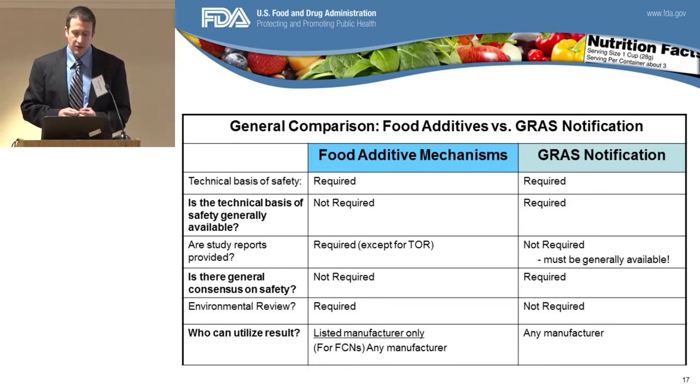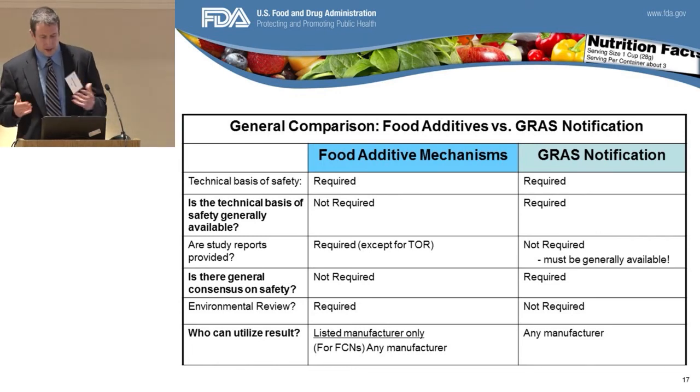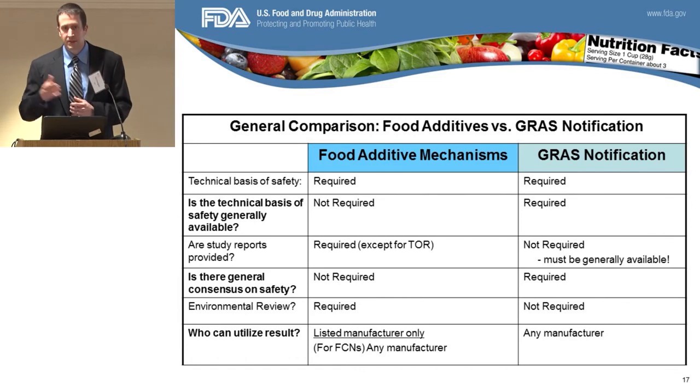Environmental review is not required for GRAS notifications, which is required for food additives, and there's a difference in who can utilize the result. If something's truly generally recognized as safe, anyone can use it. If something is listed as the subject of an effective food contact notification, only the listed manufacturer can use that product.